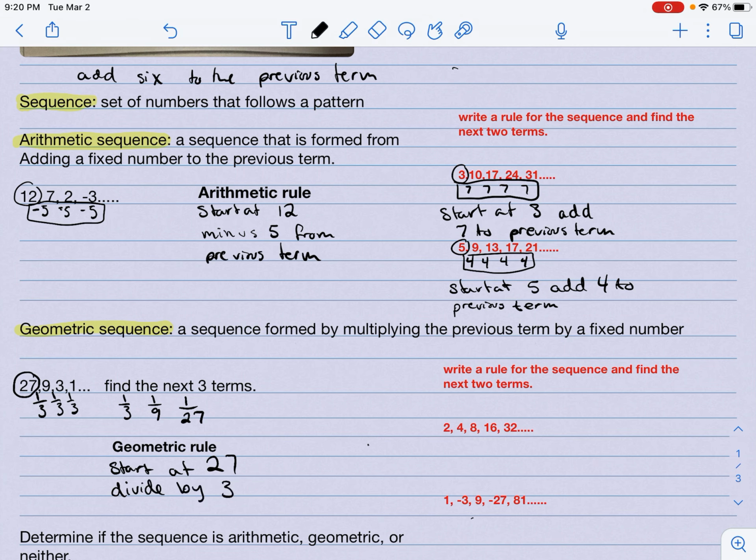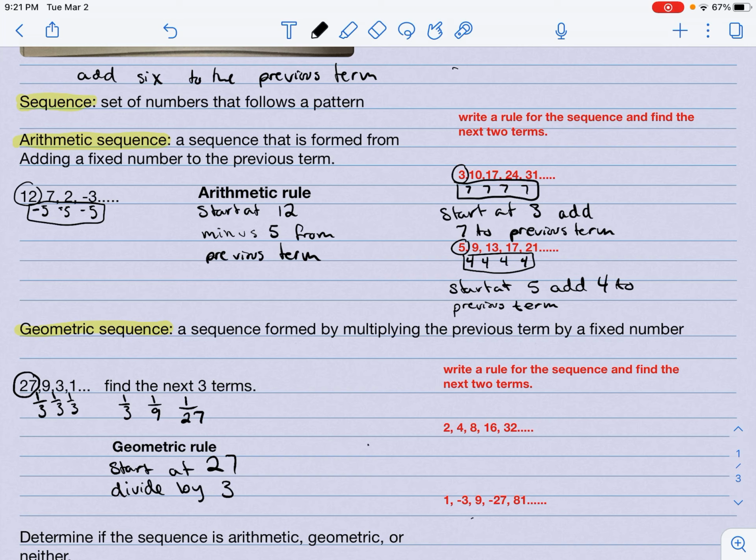And I just went with divide by 3. A little easier and quicker to write. So divide by 3. It could be divide the previous term by 3 or divide by 3. But this lets us know what we're doing.